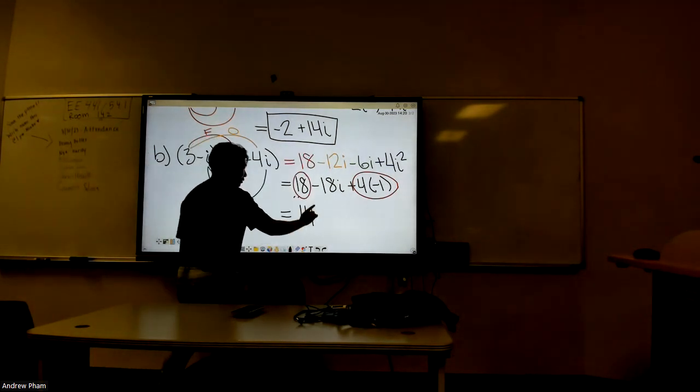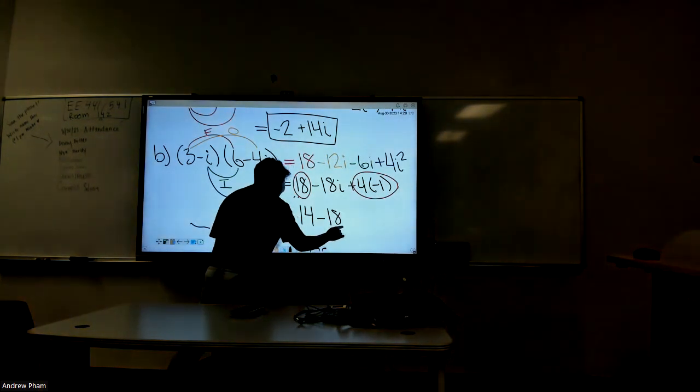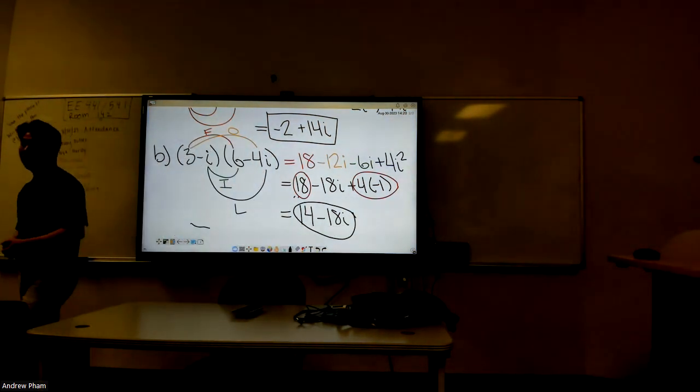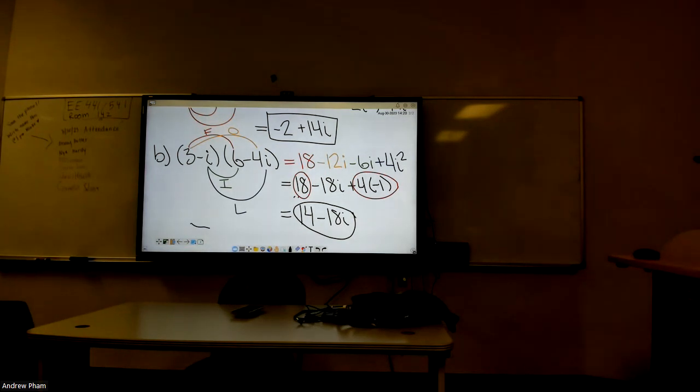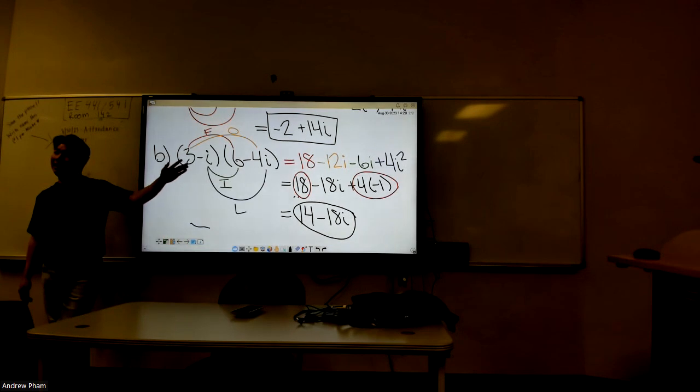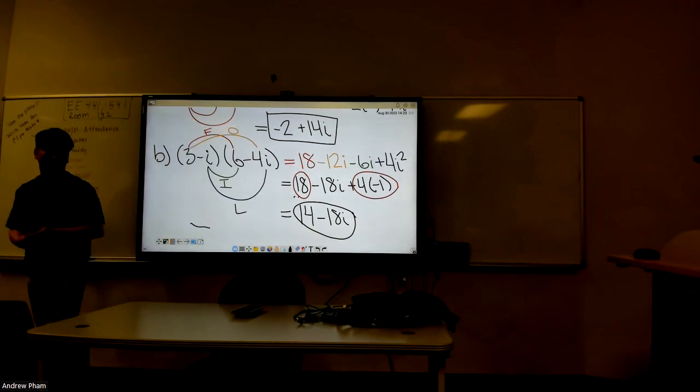And then all I have left is a -18i. And then we're done. We've multiplied two complex numbers. So the big parts of this are multiplying it out and then cleaning it up properly.